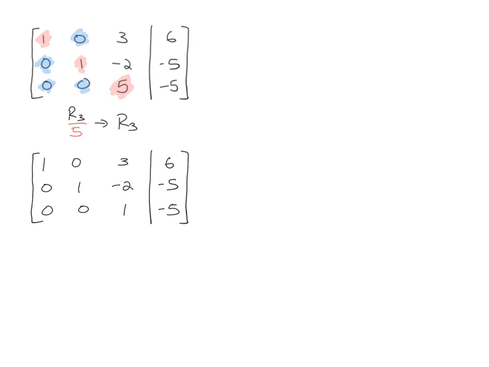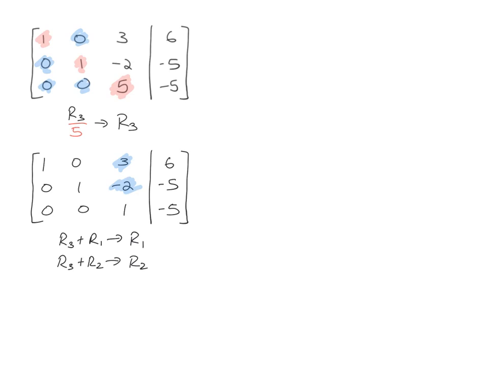From here, then, we want to get the zeros above this last one. And so that requires 2 more row operations. Both of them are going to involve row 3, so we will take row 3 plus row 1 and replace row 1 with this new result, and row 3 plus row 2 and replace row 2 with this new result.